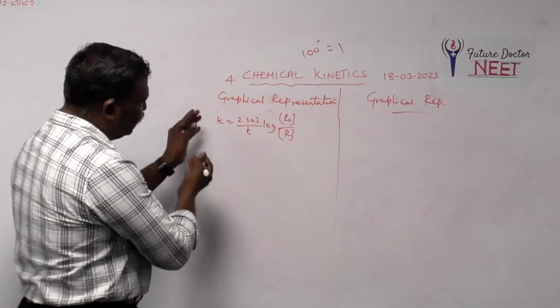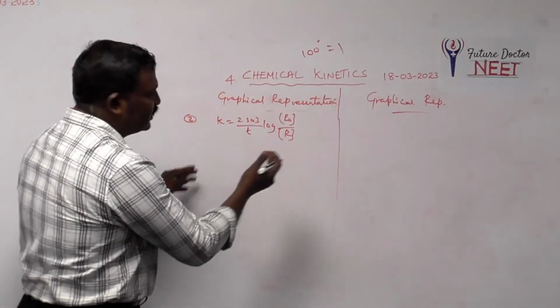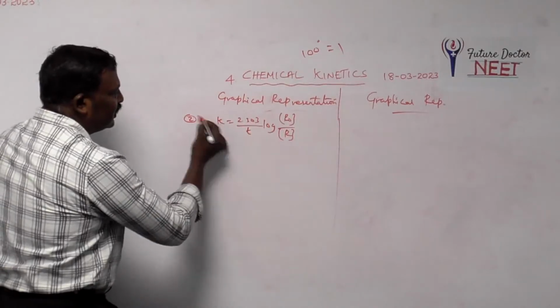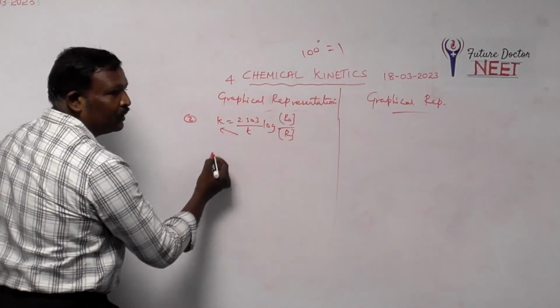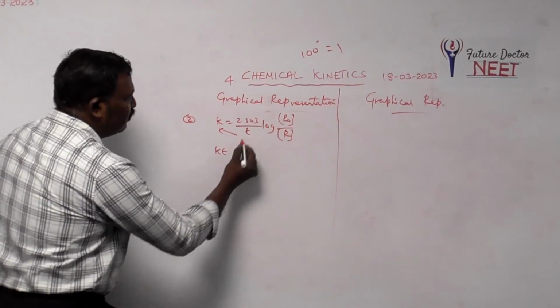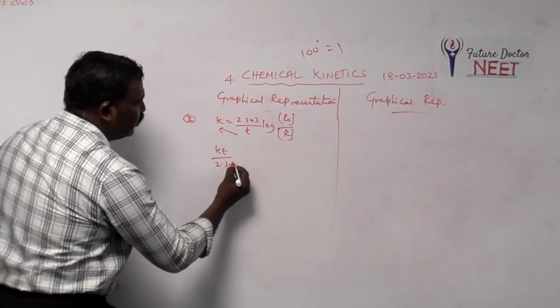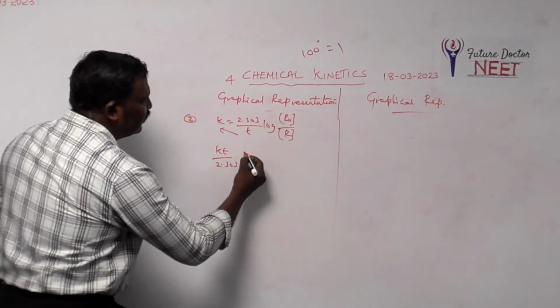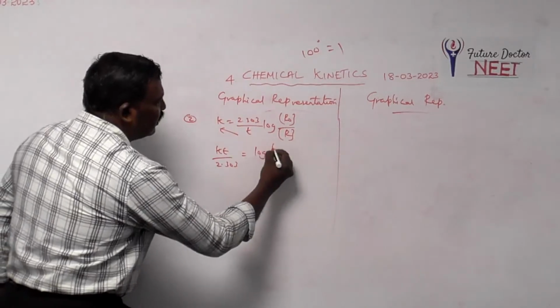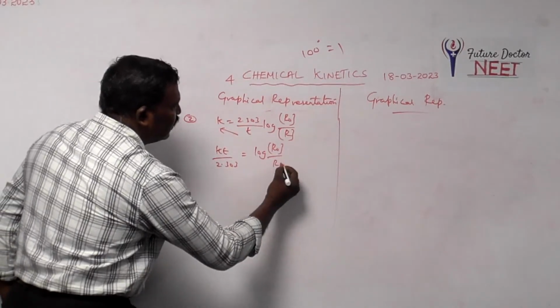From this I'm going to rearrange. Listen: kt by 2.303 is equal to log r naught by r.